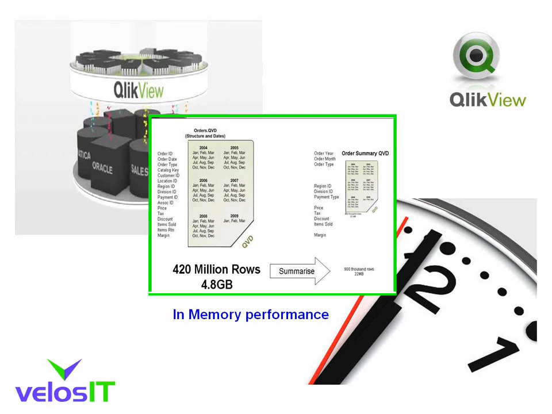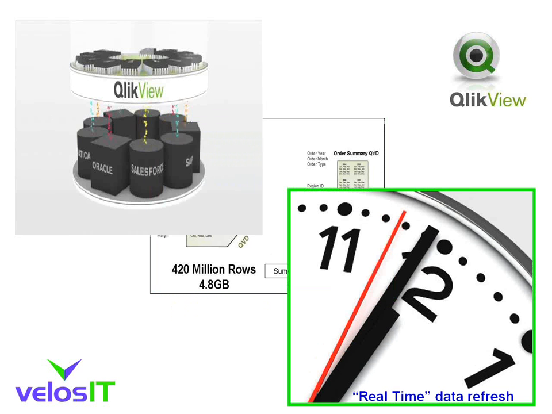QlikView is also the first, and from our analysis, still the best BI in-memory tool on the market. So all of the data you've got is held in memory, which delivers incredible performance, which you'll see as we're going forward. And this is achieved also through some best-in-class data compression techniques that they have. Whenever we download data from eBusiness Suite into QlikView, we normally get like a 2-to-1 compression reduction, which is pretty impressive.